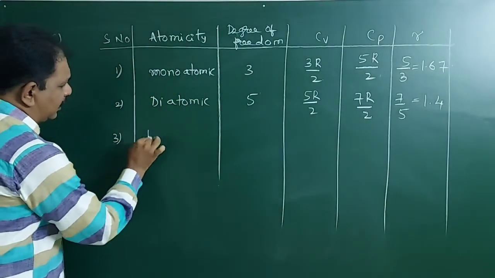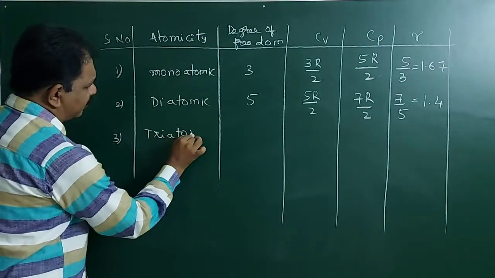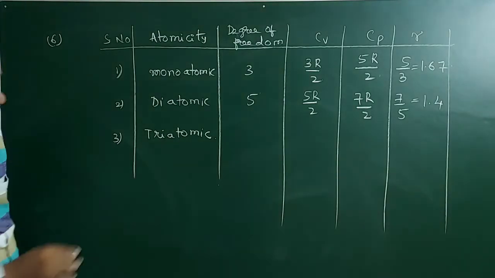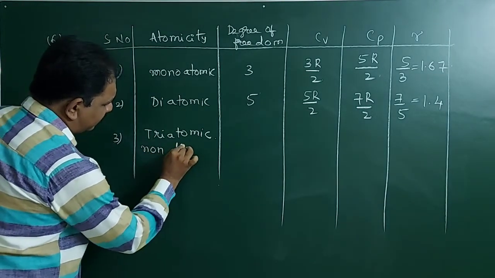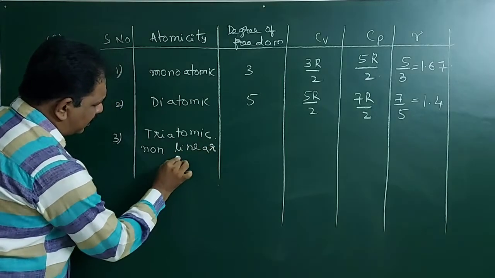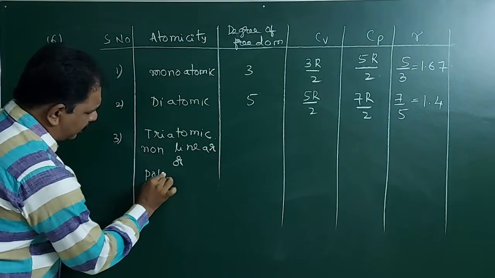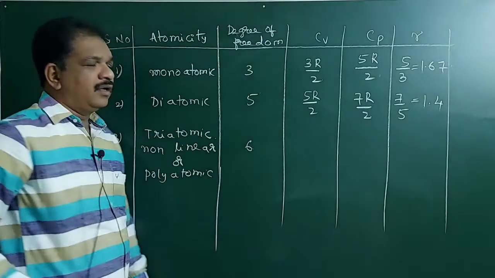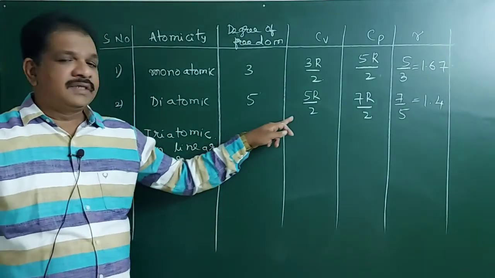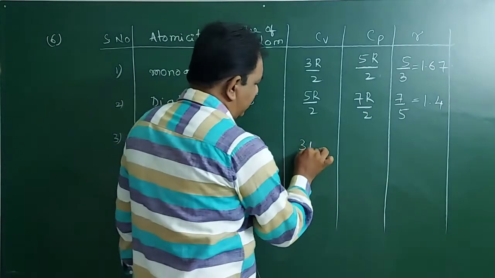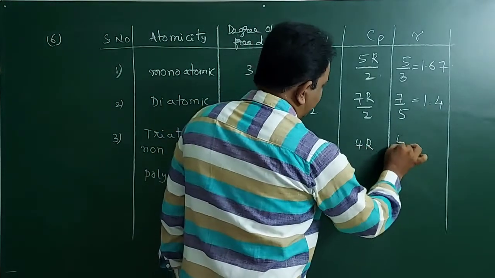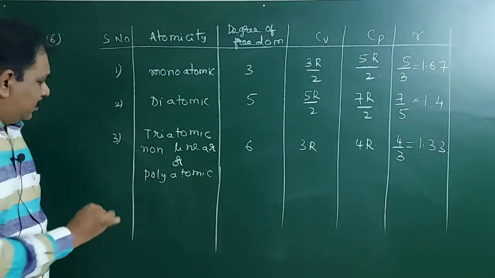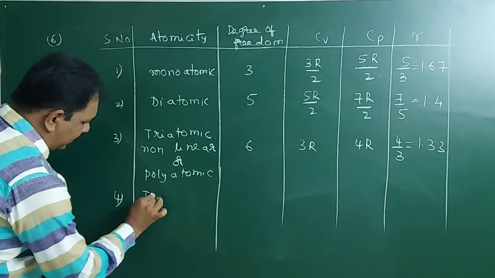Next, triatomic non-linear or polyatomic. For this, degree of freedom will be 6. So Cv is 6R by 2, which is 3R, Cp will be 4R, gamma is 4 by 3, 1.33.